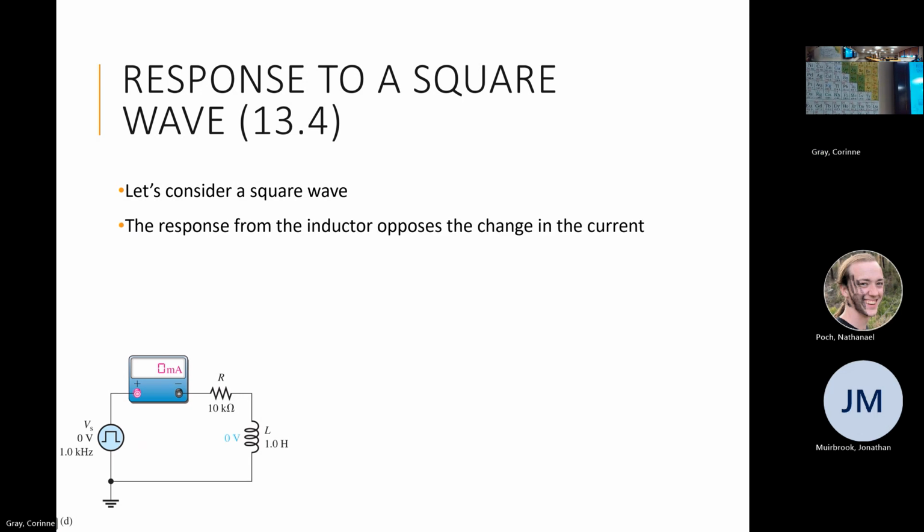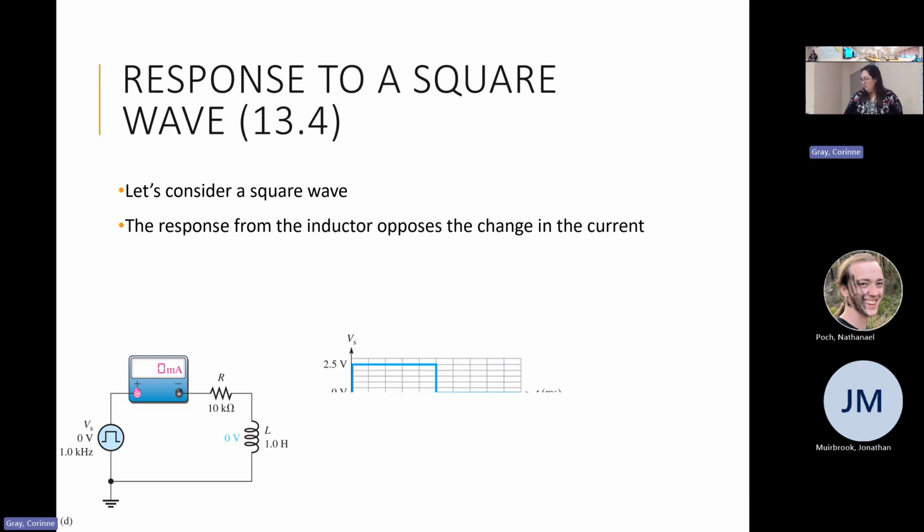If we look at the response for the inductor, it tells us that the inductor opposes a change in current. That is coming from Lenz's law. So it's trying to oppose that change in current.